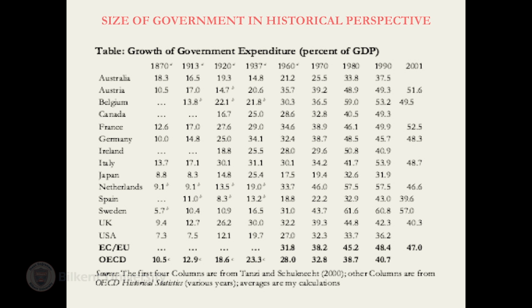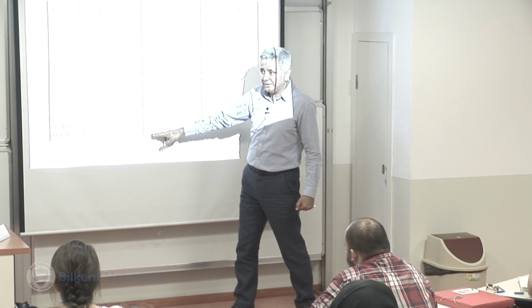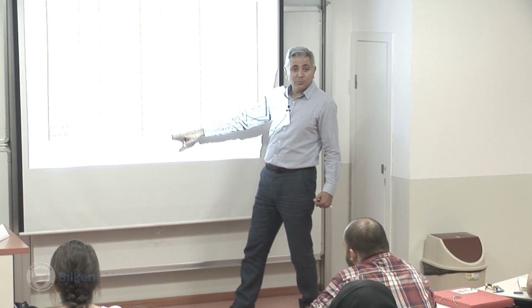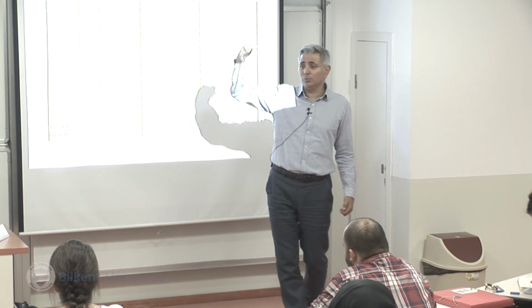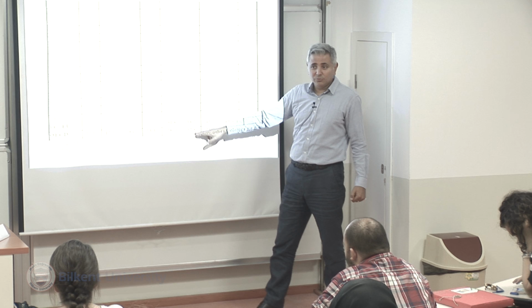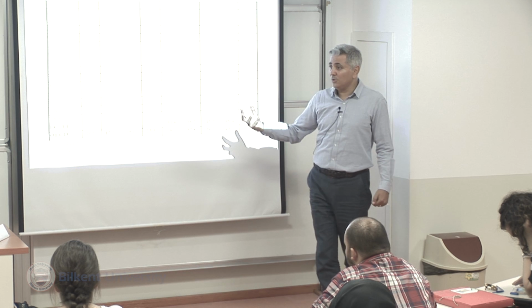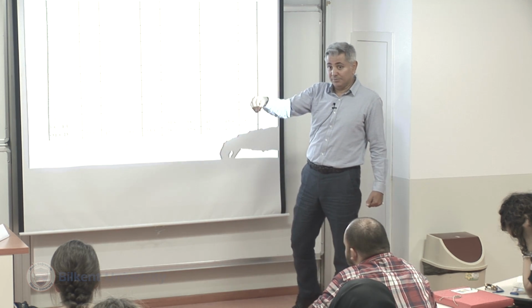As you can see, 1913, pre-World War I, about 13%, jumping to about 19% at the end of World War I. Right before World War II, after the Great Depression, the state responds across the OECD, about 23, 24%. 1960, 28%, passes a threshold of a quarter. 1970, almost 33%. So one third of all goods and services produced within the OECD are purchased by governments.